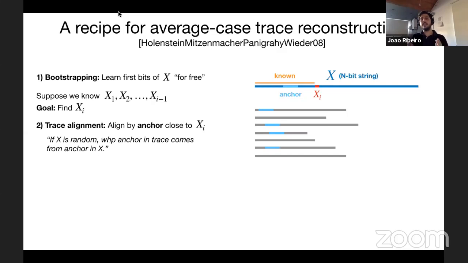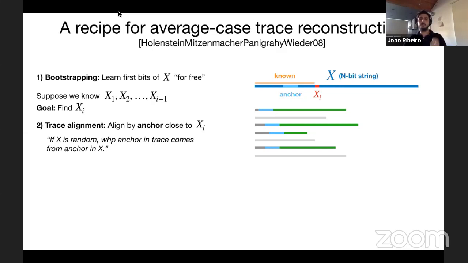So we know exactly where this anchor comes from, and this anchor is very close to xi. So this means that the part of the trace after the anchor with high probability corresponds exactly to the trace of the part of x after the anchor. And we only care about that. So we're going to look just at the part of the trace after the anchor. Like I said, with high probability, this corresponds to the part of x after the anchor.